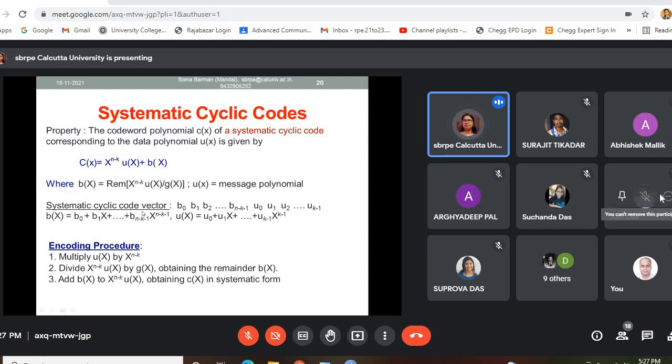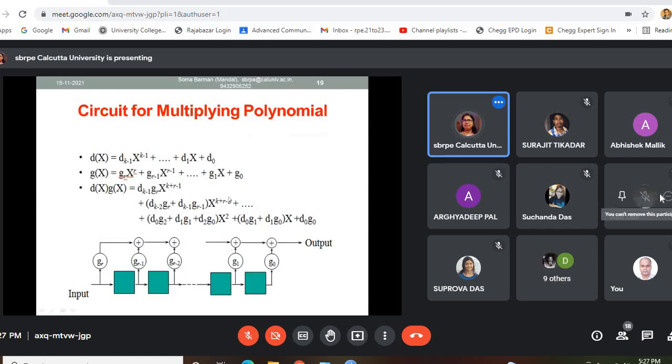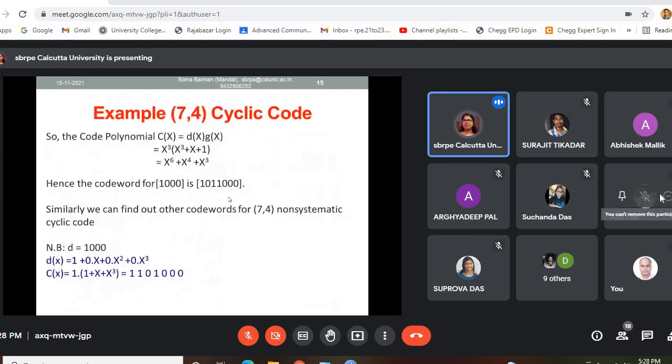So the systematic cyclic code can be written as b0, b1, b2 up to b(n minus k minus 1), and u0, u1, u2 up to u(k minus 1). This form is not maintained in the non-systematic way.